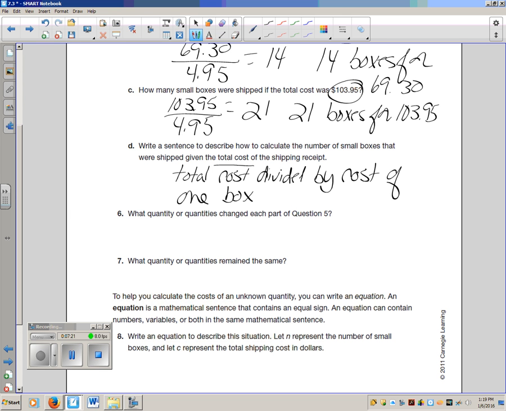The price stays the same. The number of boxes. That's the answer. The total cost changed for each one. Sorry about that. What quantity or quantities stayed? Cost of 1 box.